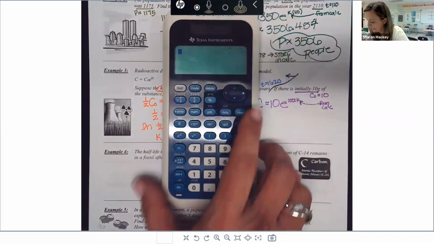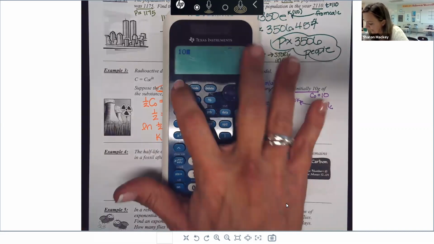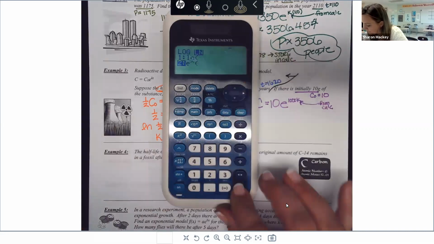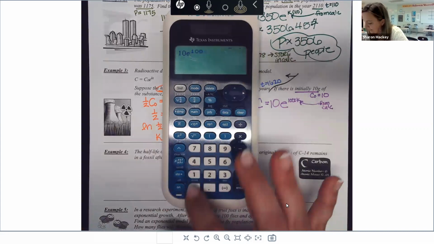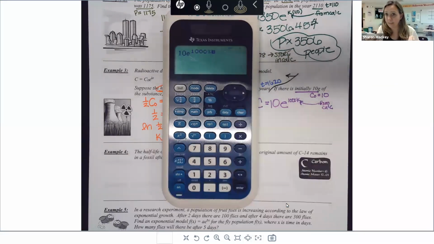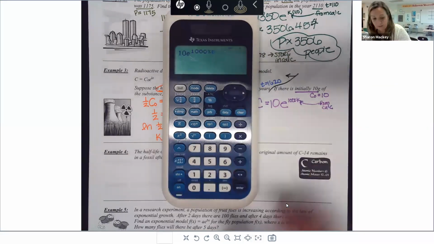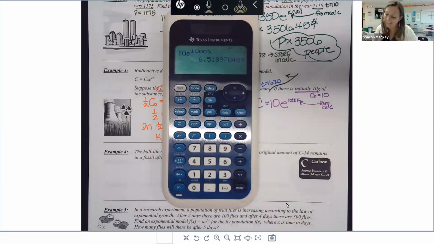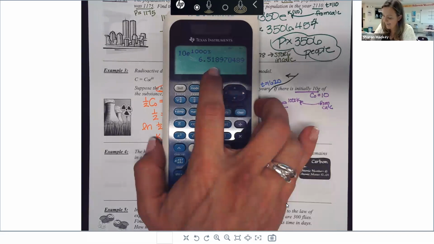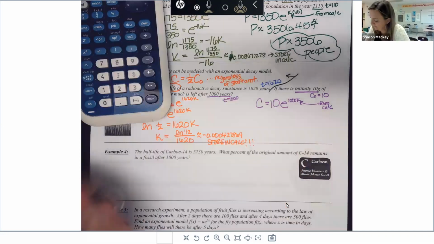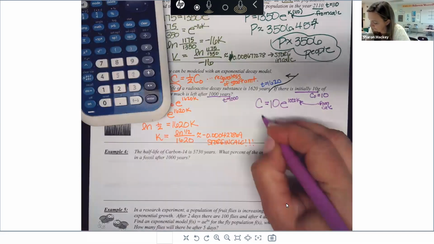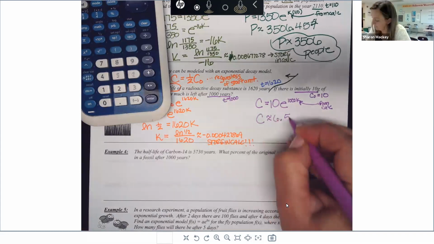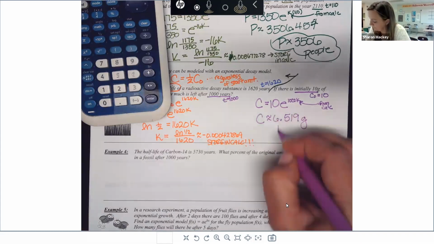I would take 10 times E to the 1,000 X, where X represents the K value that I found. And then I can see that there's going to be about 6.519 grams left.